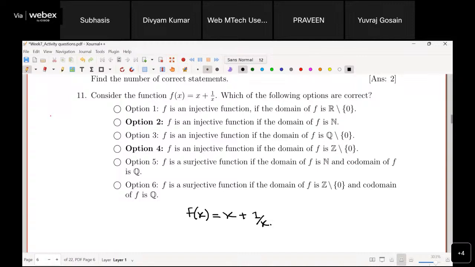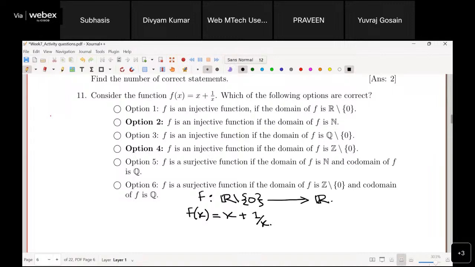For option number 1, you need to consider this function from the set of all real numbers minus 0 to R. So if you have such a function, the question is whether this function is injective or not. Any idea how we should start solving this option?